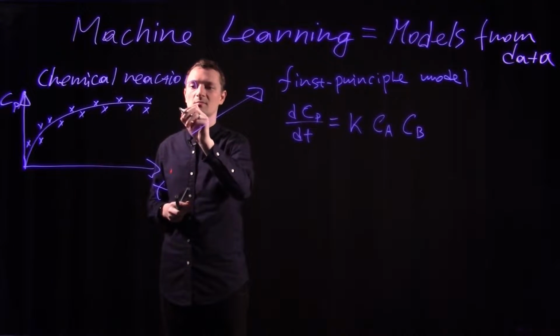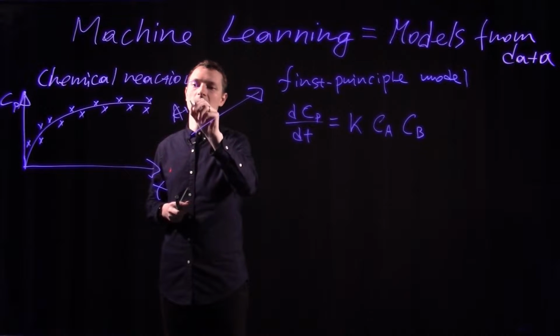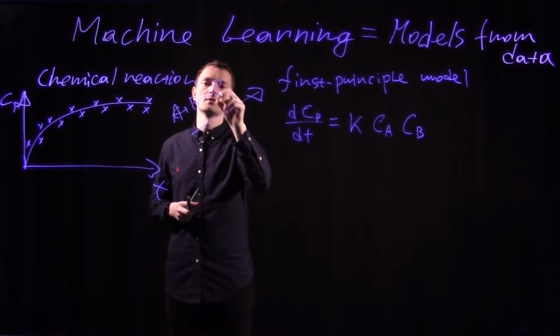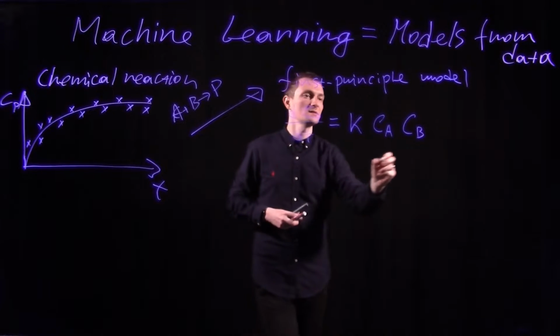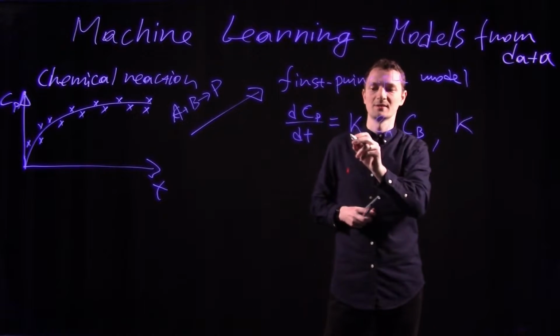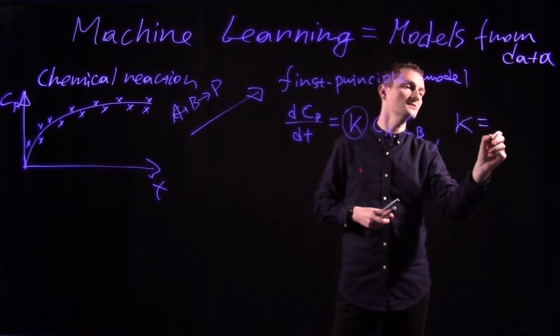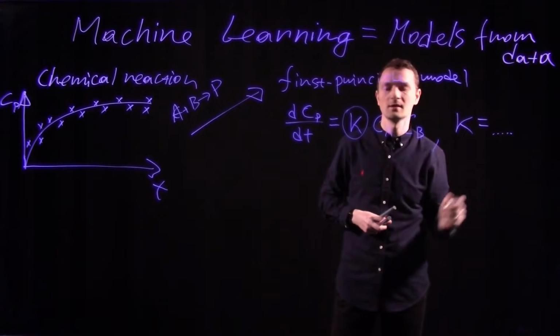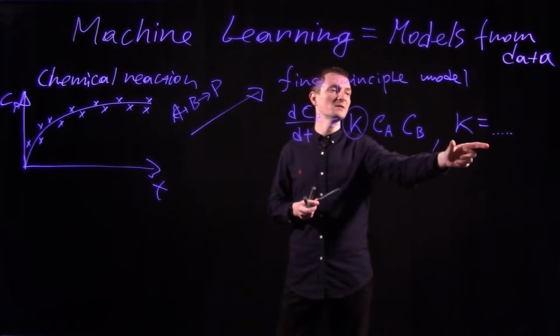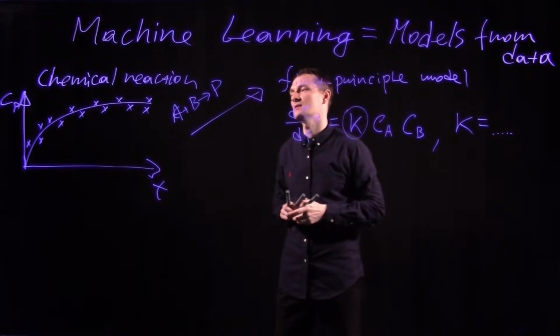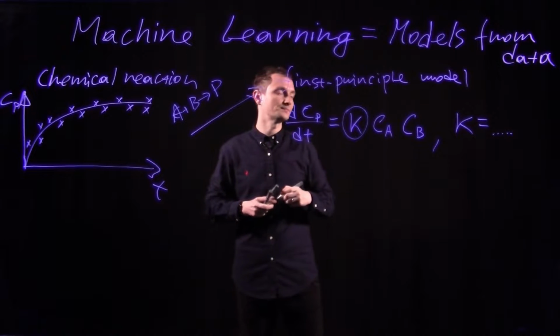In case we are talking about a reaction that looks like something like that, we can also calculate the parameter k. For that, we can use Arrhenius equation and so on and so forth. And then we can try to fit some parameters in the Arrhenius equation and find, to train the model.